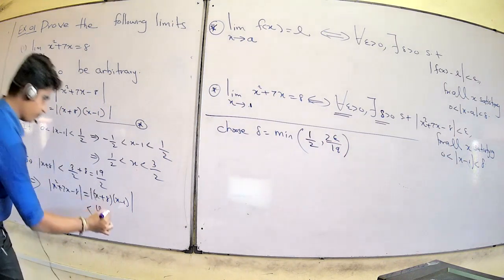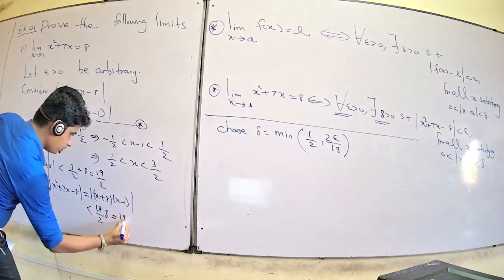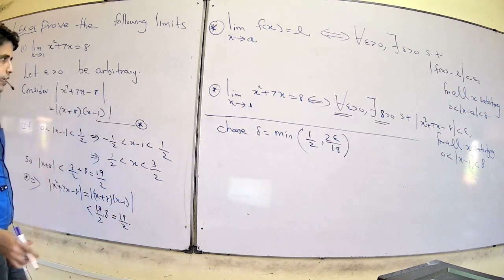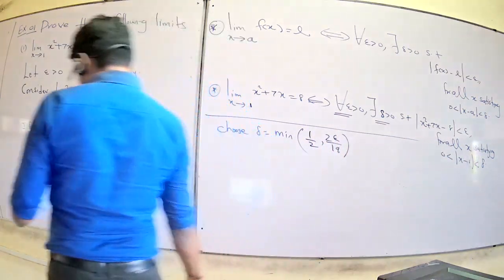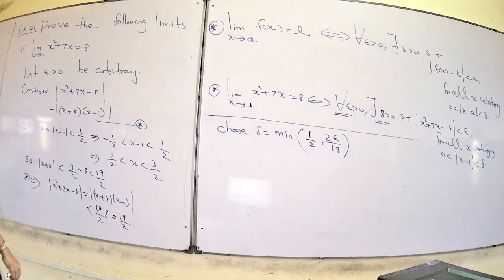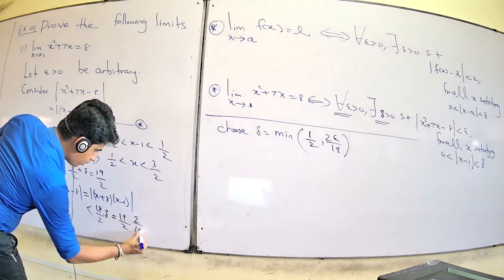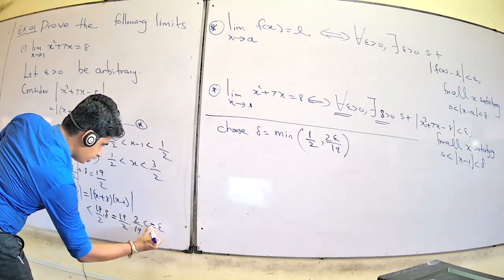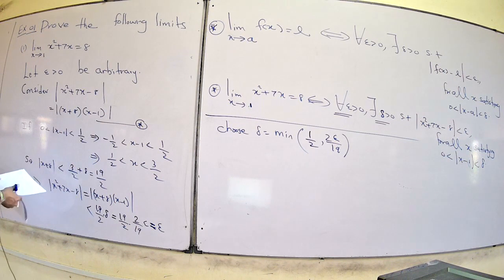Because here we have 19 by 2 times delta, where you take the minimum of half and 2 epsilon over 19. Suppose you take 2 epsilon over 19, you will get epsilon. That is your claim, epsilon.